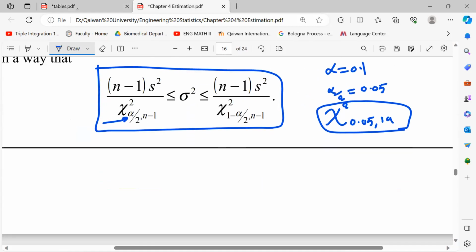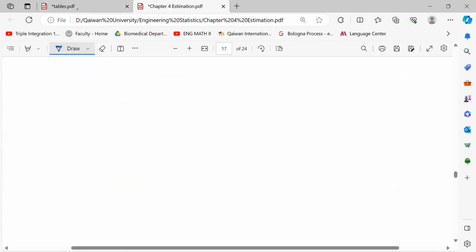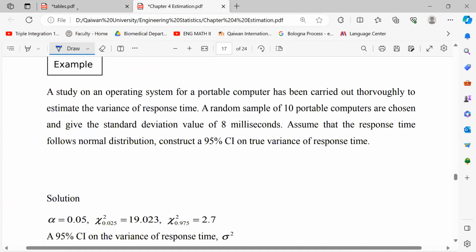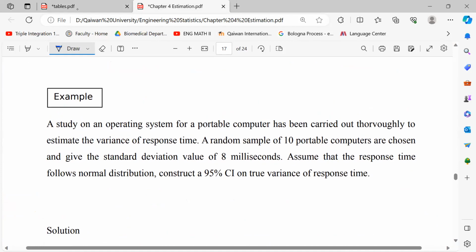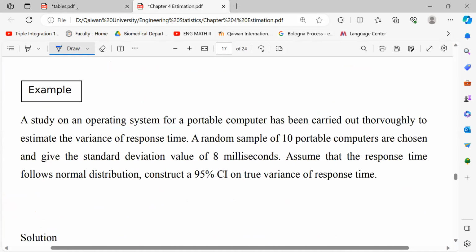Now, let's return to here to solve a question. We now have an example. Before we read it, let's see how to recognize that it is this case. It says, assume that the response time follows normal distribution.